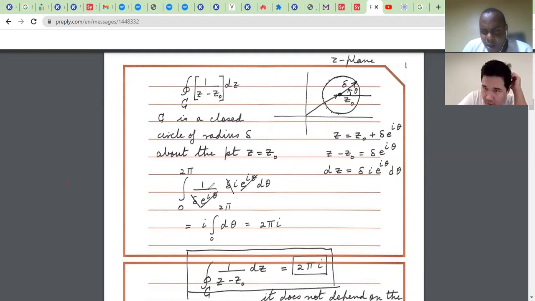So let's see how this came to be. z equals z naught plus delta e to the i theta. The range 0 to 2 pi is understandable. Delta is a radius, and theta is an angle.